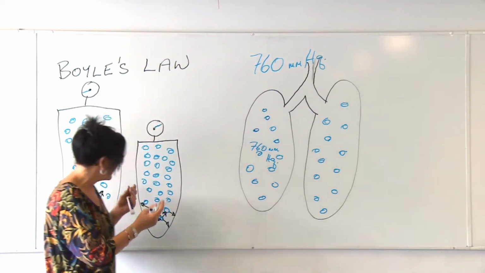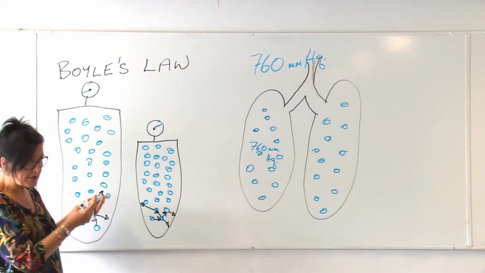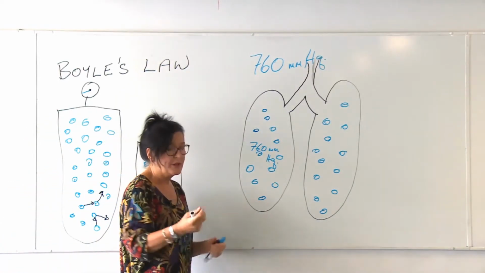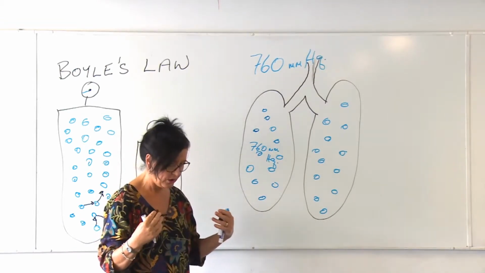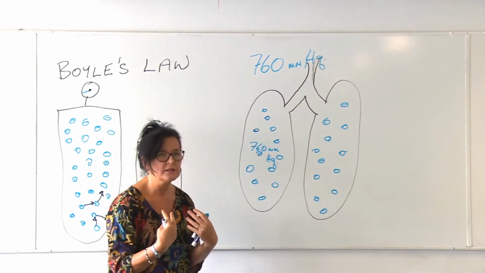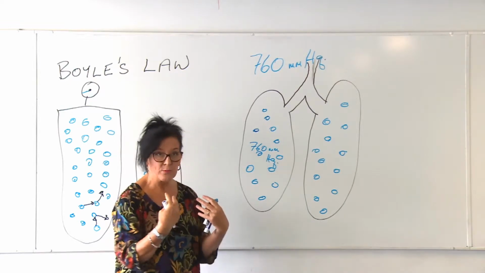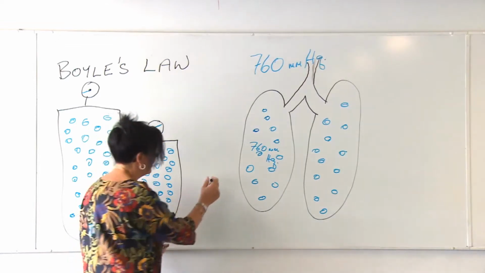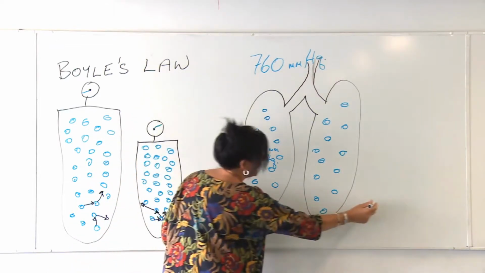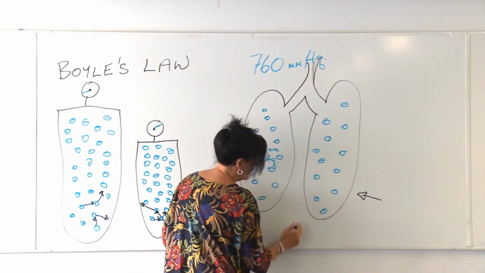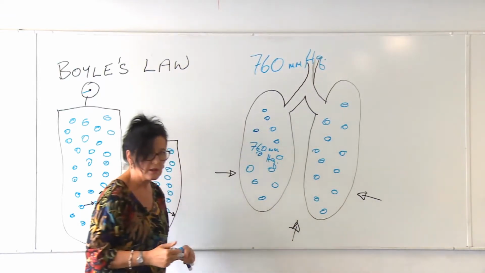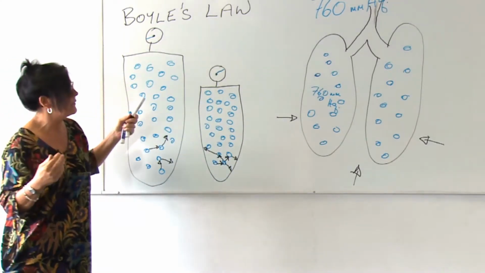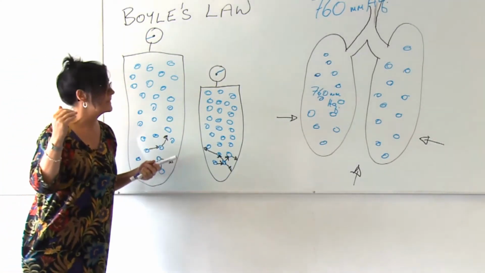But here we go back to this concept of smaller and larger containers, because of course, when we breathe out, our lungs get smaller, the thoracic cavity gets smaller, the lungs get smaller. So we're effectively going to this smaller bottle. If they get smaller, volume decreases, Boyle's law, so therefore pressure will increase.